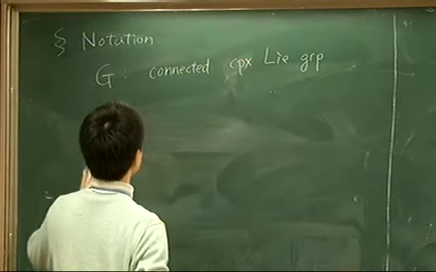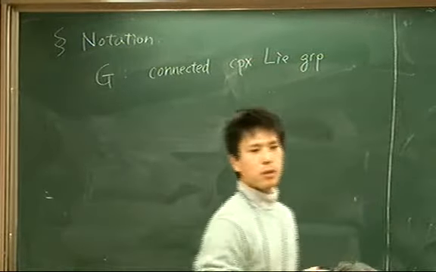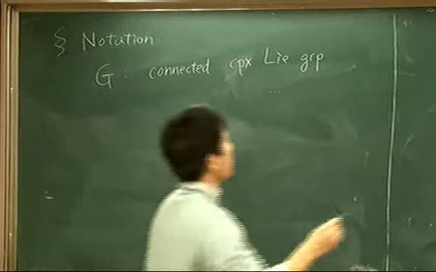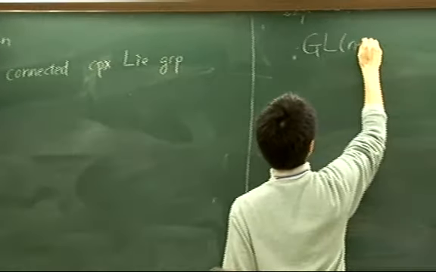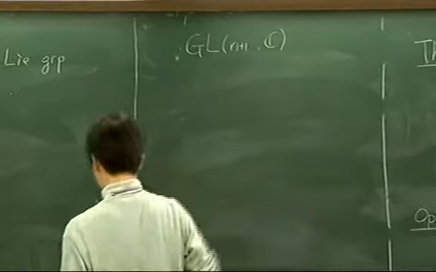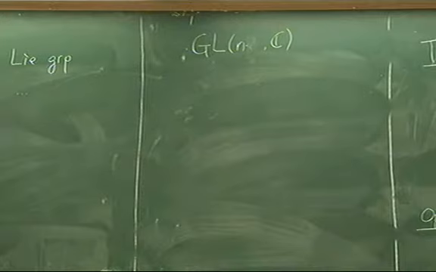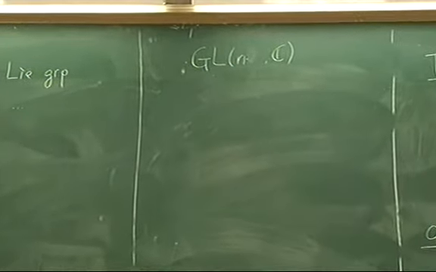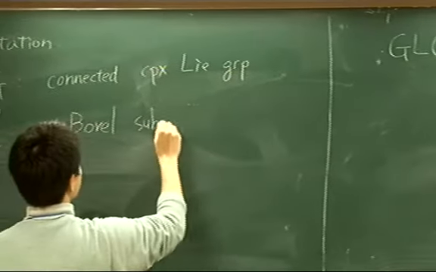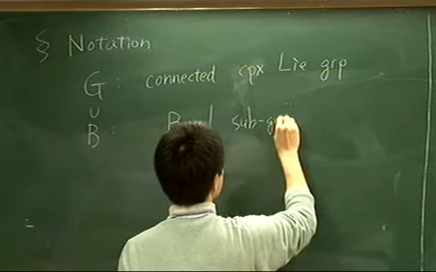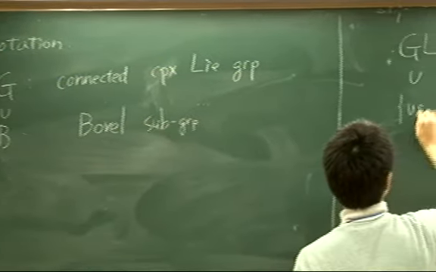If you are not comfortable with general Lie groups, then you can think of GL_n. B is a Borel subgroup, which is a maximal solvable subgroup of G, just upper triangular here.